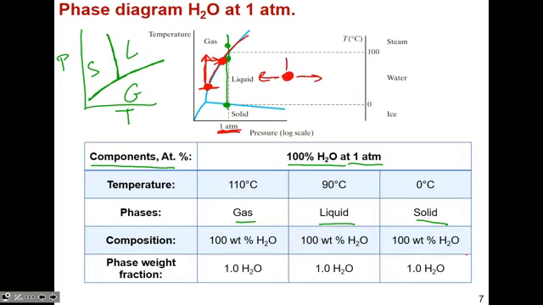If you change your temperature up until a certain point, that also doesn't really matter. You're just in that one phase for this entire region. If you're on these phase transition lines, though, you're limited by the number of degrees of freedom that you have, because as soon as you change one thing, you have to change something else back to get back onto that line. And that's what Gibbs phase rule tells you.